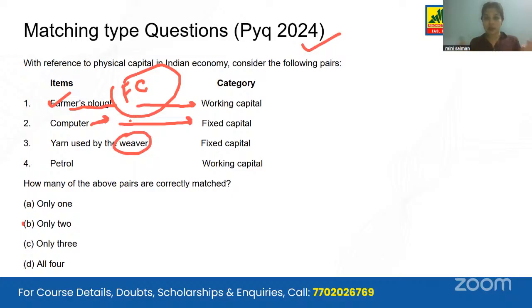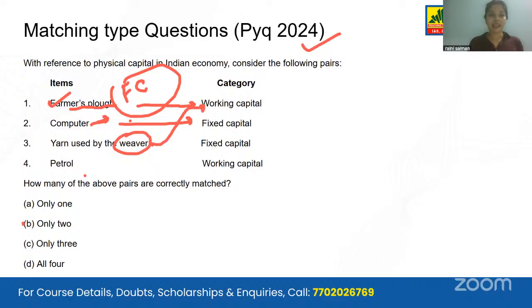When we are using wool to weave our sweaters and all, you will be having the same example as that. Okay, so when we are using the wool, it gets empty, and now we will be selling the sweater. All the wool is used. So when all the wool is used while you're working, it should be working capital, right? So this is again your working capital.